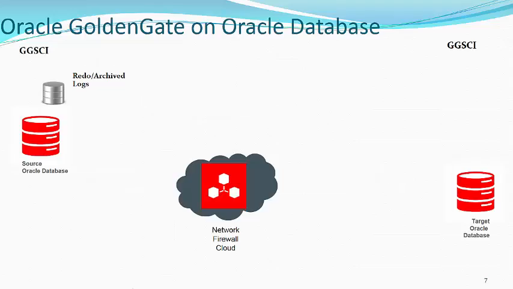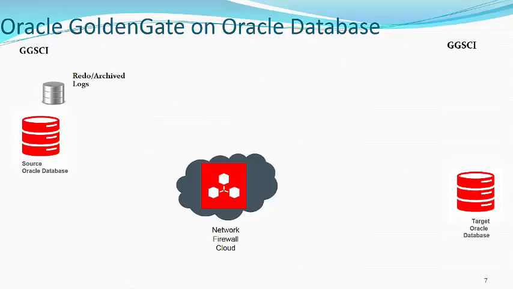All right, in this slide, I intend to show you in greater detail how GoldenGate processes interact with each other. It's still fairly high level, but it's a bit more of a deep dive into the GoldenGate process.